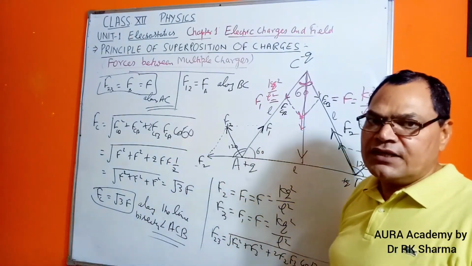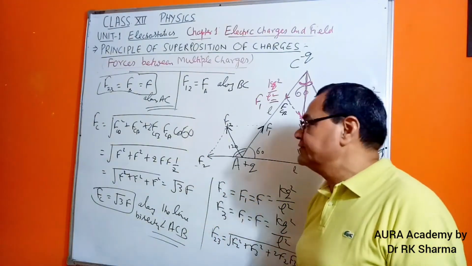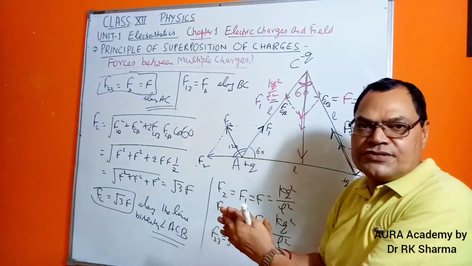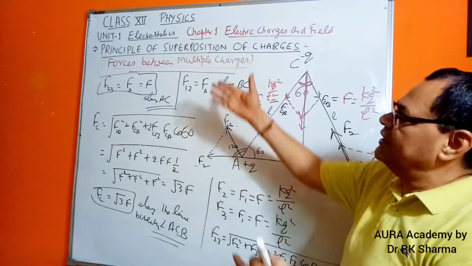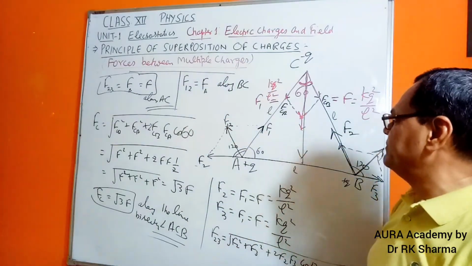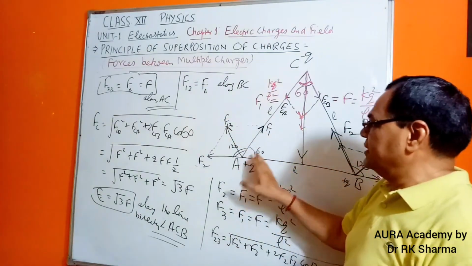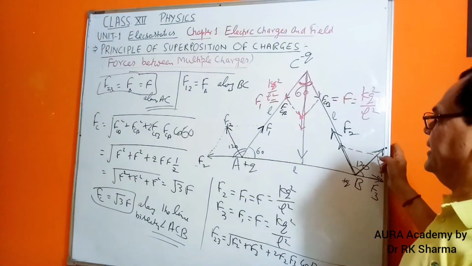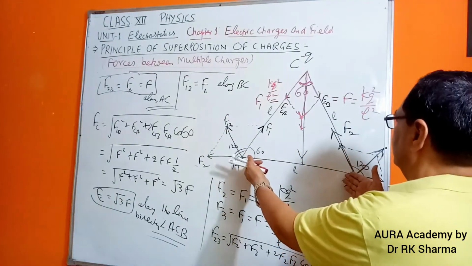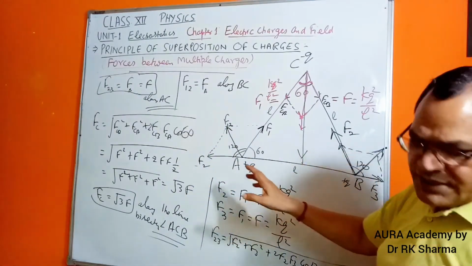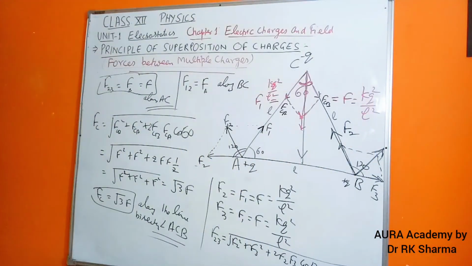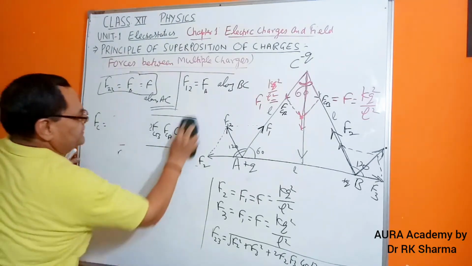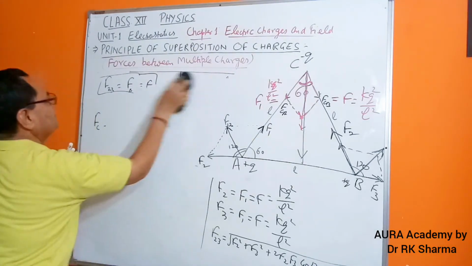Whether NEET or IIT JEE, they define the total force of the system, so we have to apply the superposition principle. Now you see, the resultant of these two forces was this. One resultant was this, okay? So if you find out the resultant of these two forces, I will try to draw a figure so that you can understand well.